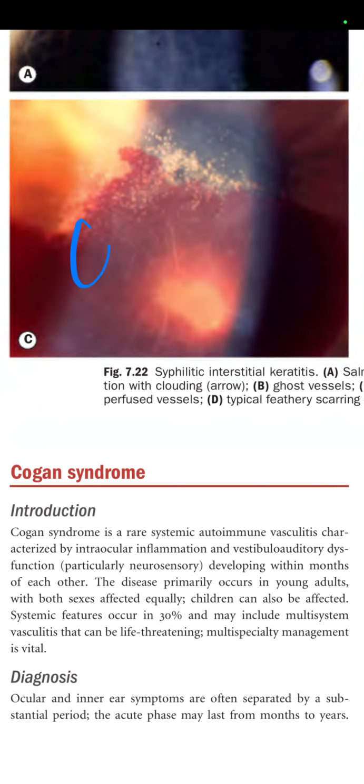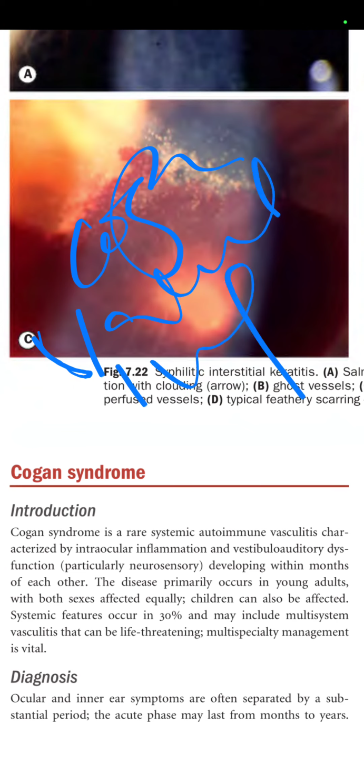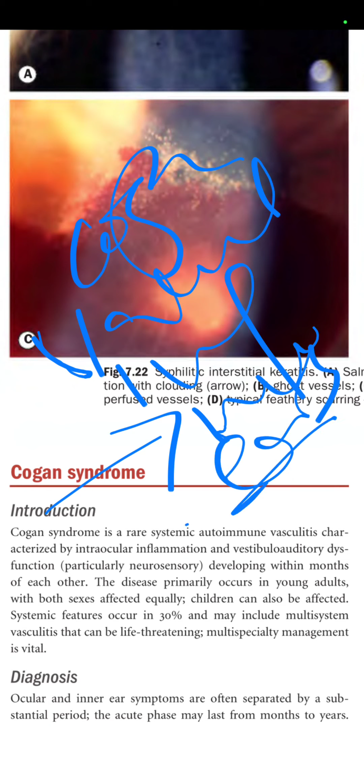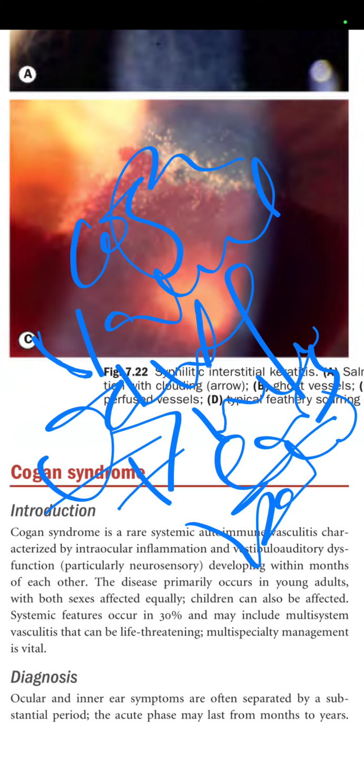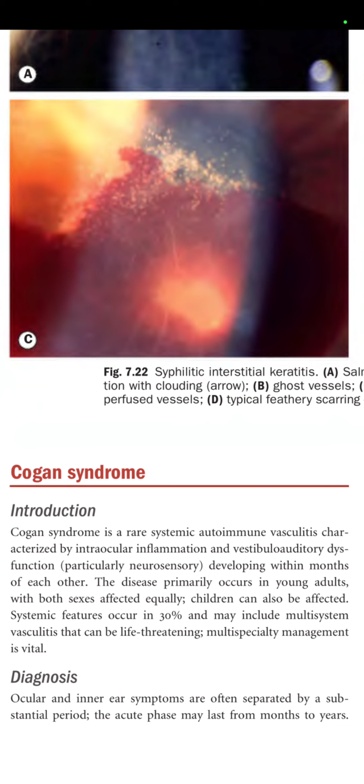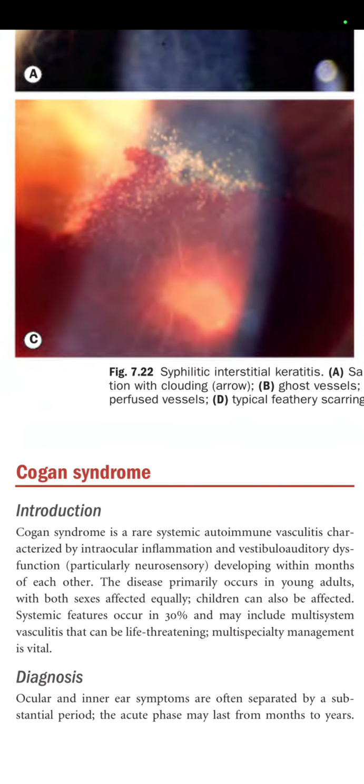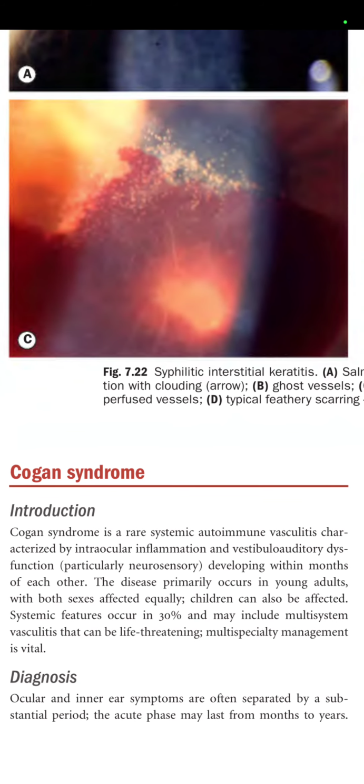So basically, Cogan syndrome is a vasculitis or inflammatory lesion that affects the vestibulo-auditory system, you can say ear and balance, plus the ocular inflammation. The disease primarily occurs in young adults with both sexes affected equally. Children can also be affected.